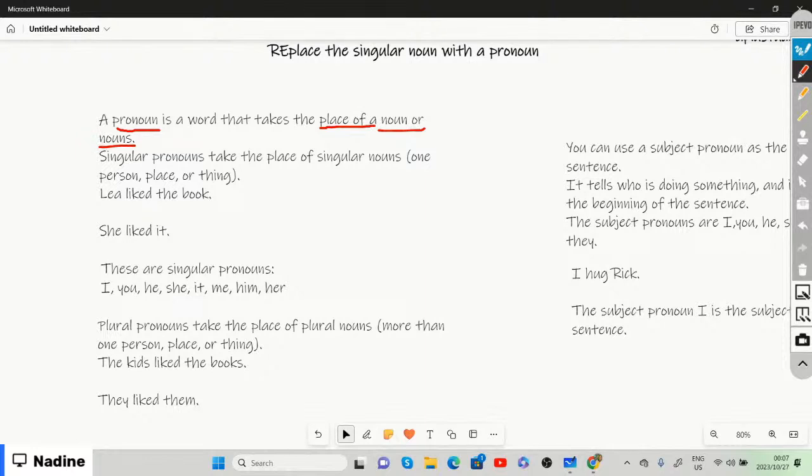Then we have singular pronouns and we have plural pronouns. The singular pronoun refers to either one person, one place, or one thing. Then we have the plural pronoun, which refers to more than one person, place, or thing.